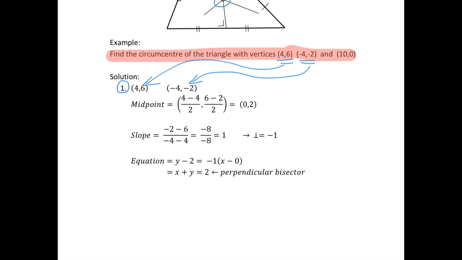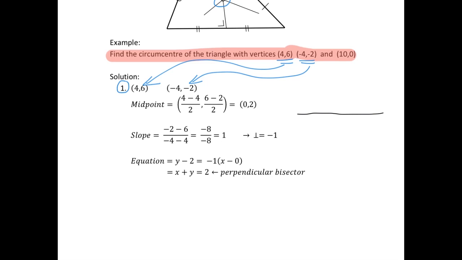Next, we find the slope between these two points. Using our slope formula, y2 minus y1 all over x2 minus x1, we get a slope of 1. But that's the slope of the line between these two vertices. What we want is the slope of the perpendicular bisector.